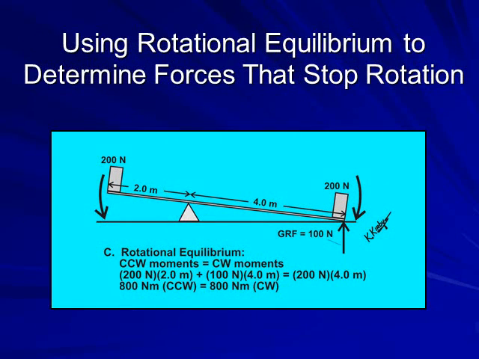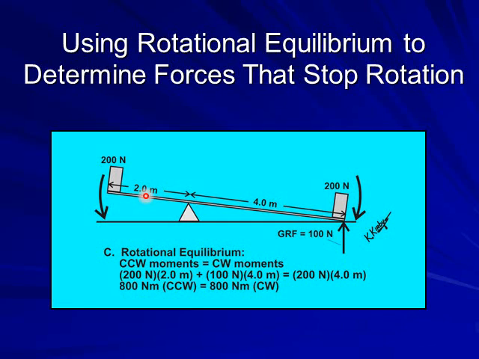When we look at that last slide at the bottom, where we have reached the point where the right hand side of the board has accelerated, struck the ground, and is now again in a rotational equilibrium and not moving, we can see that the clockwise moments on the right, 200 newtons times 4 meters, is going to be 800 newton meters. On the left hand side of the board, the 200 newton weight acting over 2 meters is going to equal 400 newton meters.